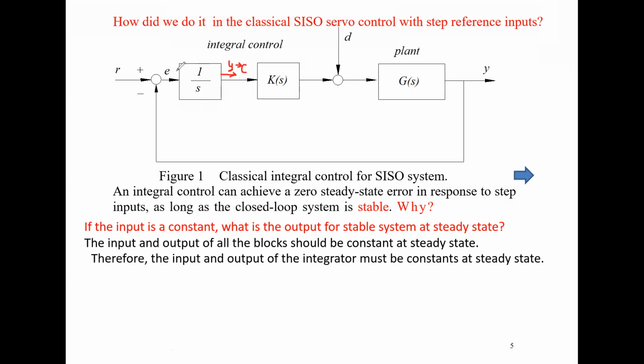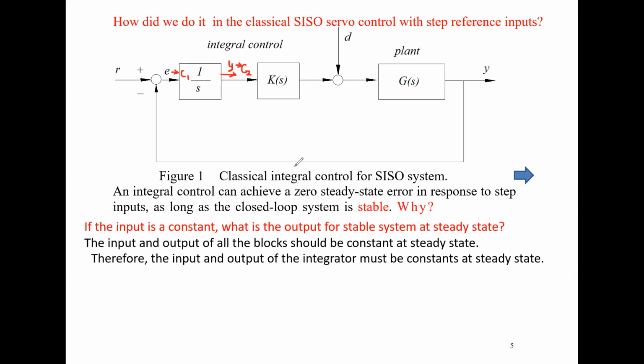And we also know, okay, this is also a constant. Let's say another constant, we say C1. Okay, this output go to C2, right? All the signals will converge to a constant. But remember, this is an integrator, right?